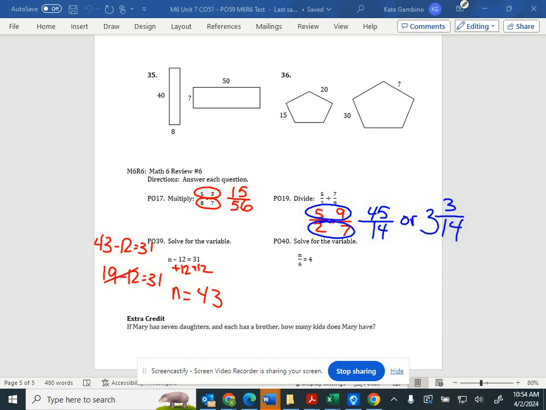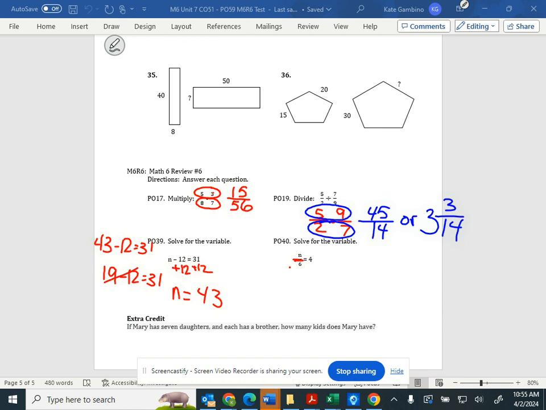For problem 40, n over 6 equals 4. What do I have to do to get n by itself? What is my opposite operation that I should do? Claire? You have to times. Yeah. That fraction bar means divide. So it's n divided by 6 equals 4.